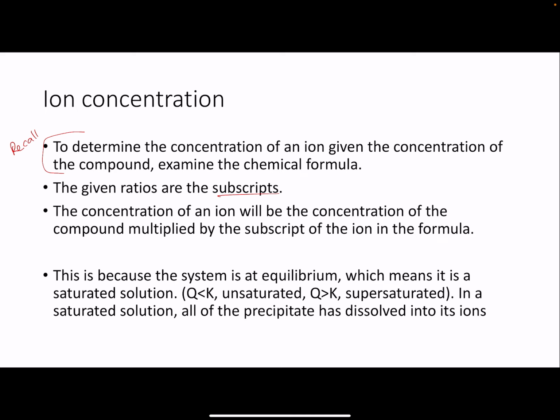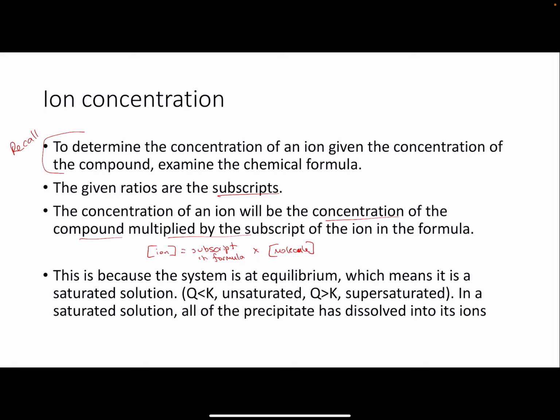So the concentration of the ion will be the concentration of the compound multiplied by its subscript. So let's write that out. Ion concentration is equal to the subscript in the formula times the concentration of the molecule or substance. Now that just saves us a stoichiometric step.